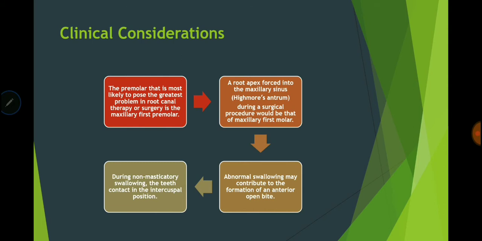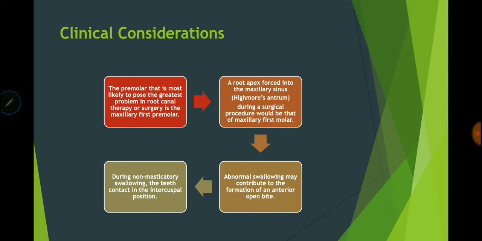So, clinical consideration: the premolar that is most likely to pose the greatest problem in root canal therapy or surgery is the maxillary first premolar, and the root apex can be forced into the maxillary sinus.